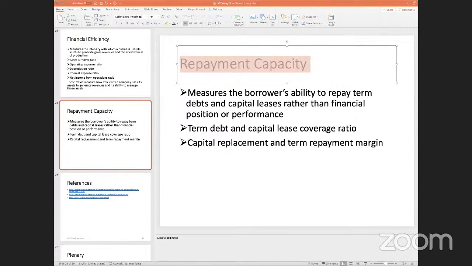So when we talk about repayment capacity ratio, we are looking at computing the debt repayments that you are able to make, along with the principal and the interest on that principal over a period of time, and that would be termed and calculated using what is called the repayment capacity ratio.